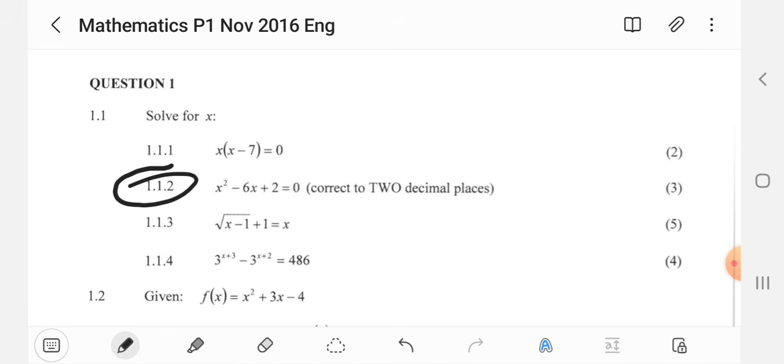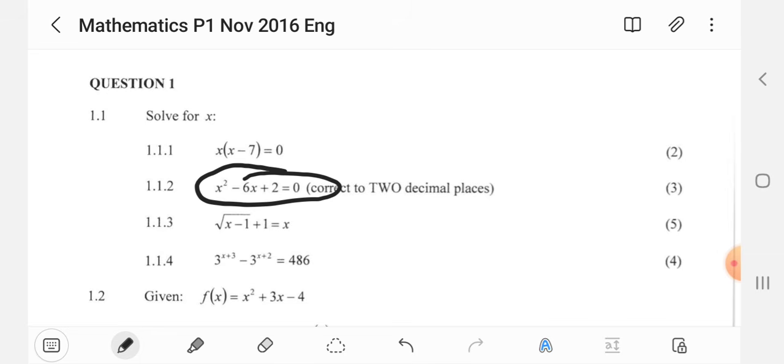So 1.1.2, you are given this, and whenever they say correct to 2 decimal places, even if they don't say correct to 2 decimal places, in grade 12, all your quadratic equations, whether you are dealing with functions or you are in algebra, you will be able to make use of your formula. What is that formula?